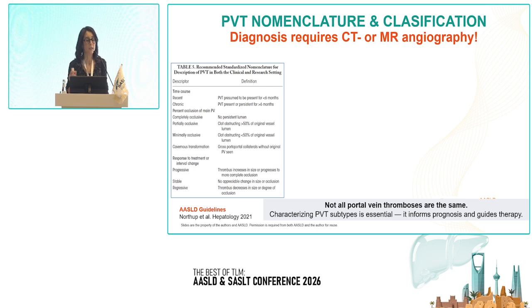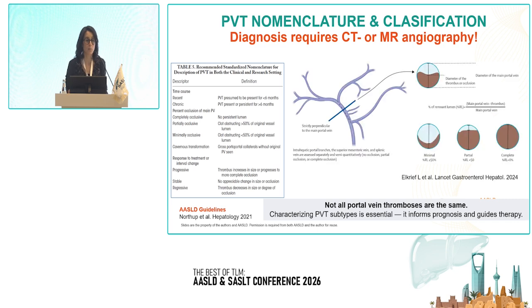management. So the first attempt to have a classification was a few years ago in the AASLD guidelines, trying to really put names on all these things, because it's really important how we classify the portal vein thrombosis in order to be able to check treatment response and do the follow-up in the patient.